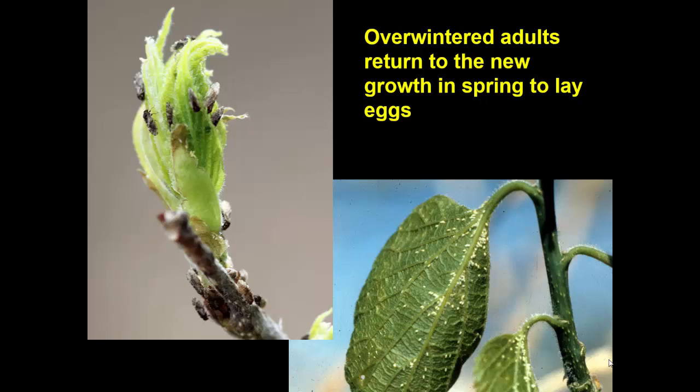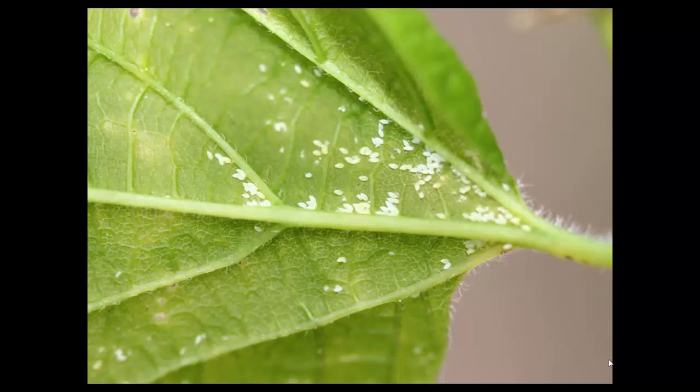So, regardless of the species, these overwintered adults return to the new growth in spring to lay their eggs. In the picture on the lower right, you can see lots of eggs being laid on these hackberry leaves. These eggs hatch, the young start to feed, and their feeding induces the plant tissues to grow in a different manner so that you get a gall.